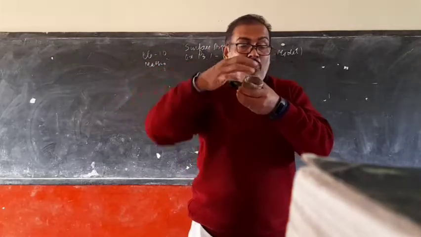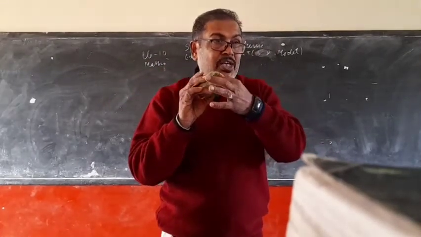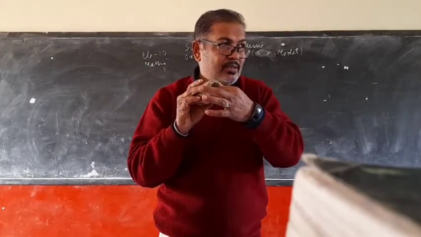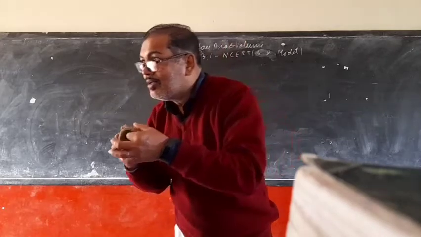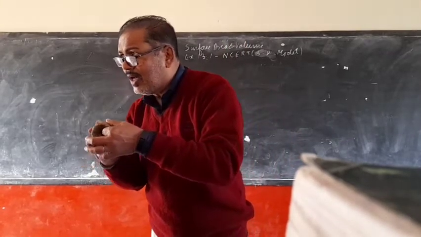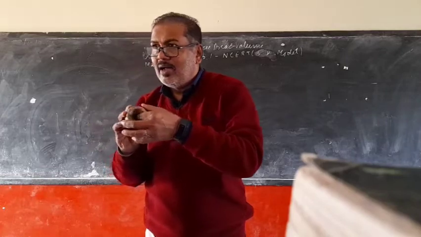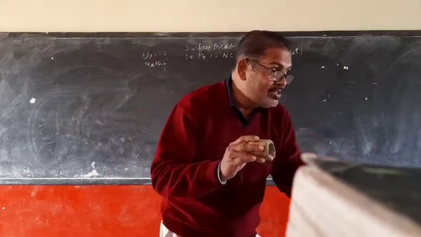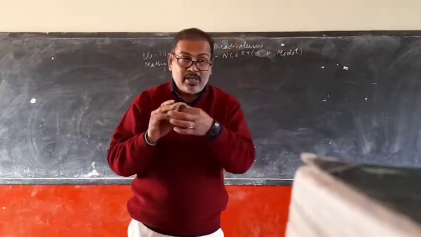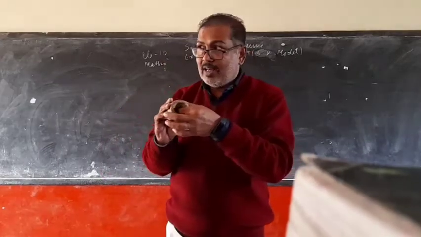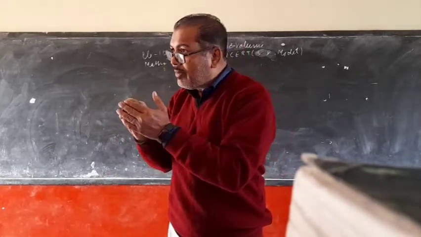And now for this cone, which area do we need to find? Total surface area? Lateral surface area. Why? Because there is no circular base.